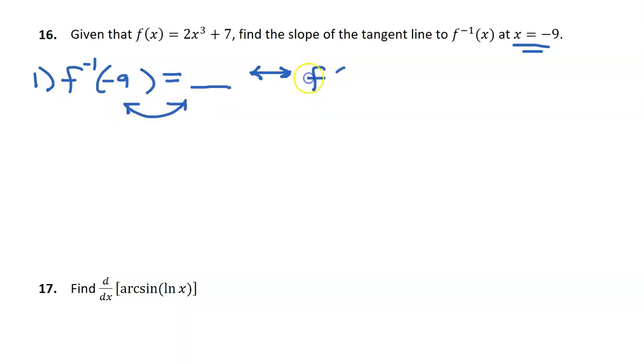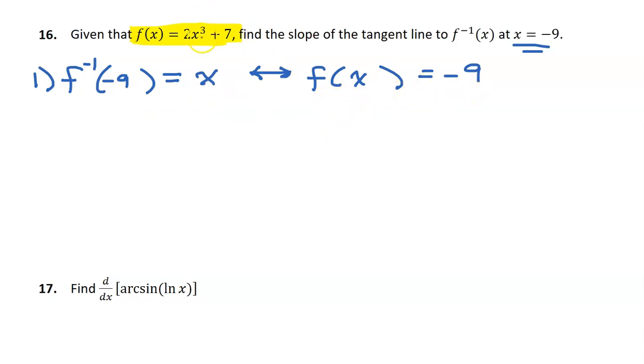So then I would say f at blank is equal to -9. But in this case, we have an actual function to use. So instead of using blanks, I'm going to use x. So we have f of x equals -9.